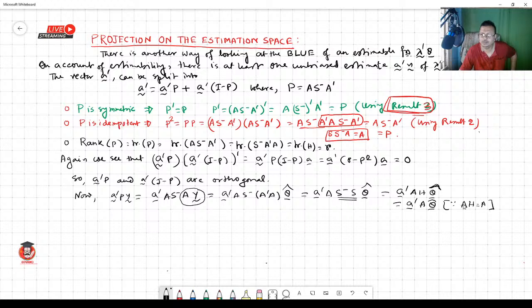And this means this portion A curl prime A is nothing but a linear combination of the rows of A, and this is denoted by lambda curl prime, because we assume that lambda curl prime theta curl is estimable. This means lambda curl prime belongs to the row space of A, so this is equal to lambda curl prime theta curl hat.